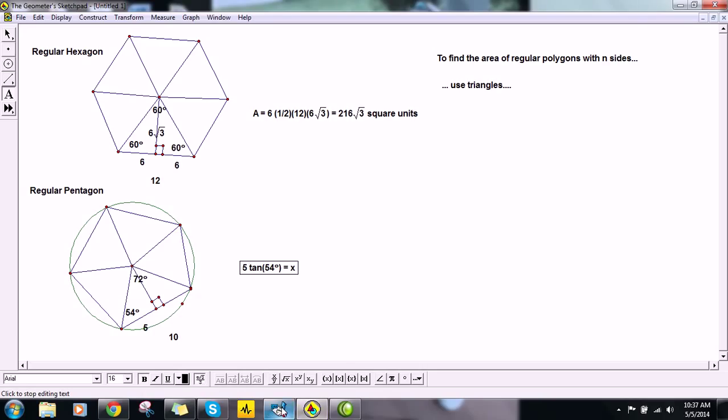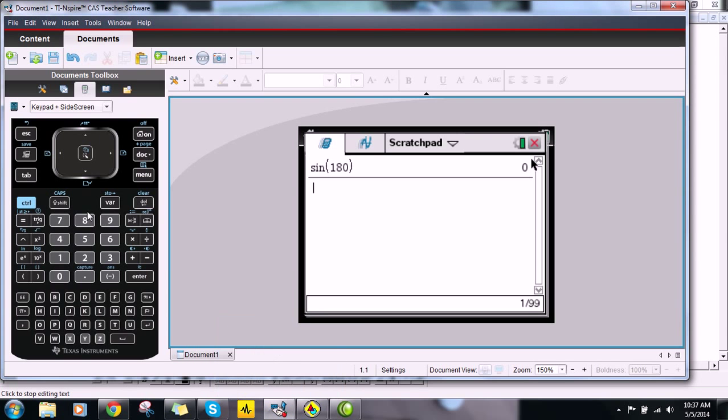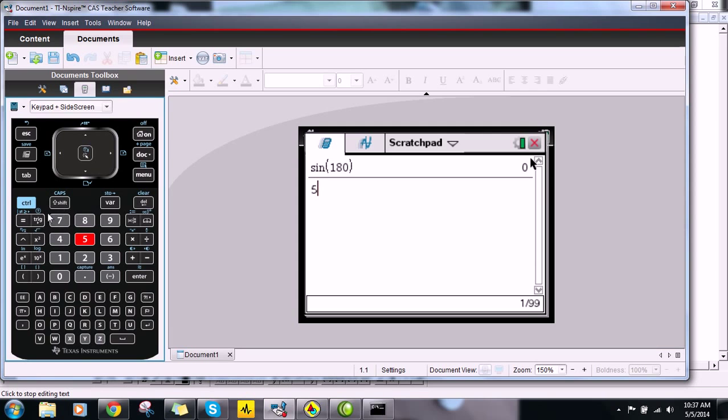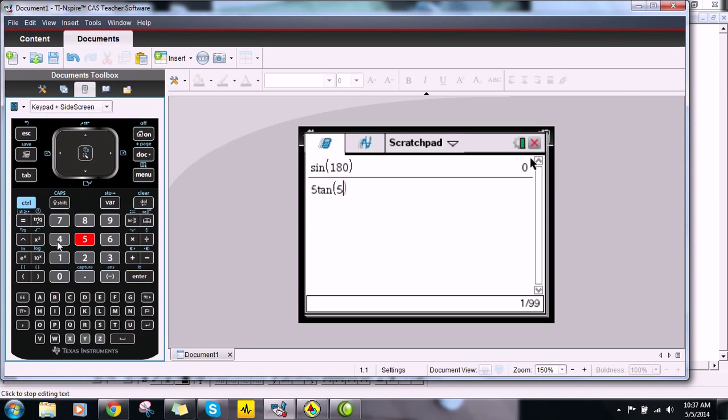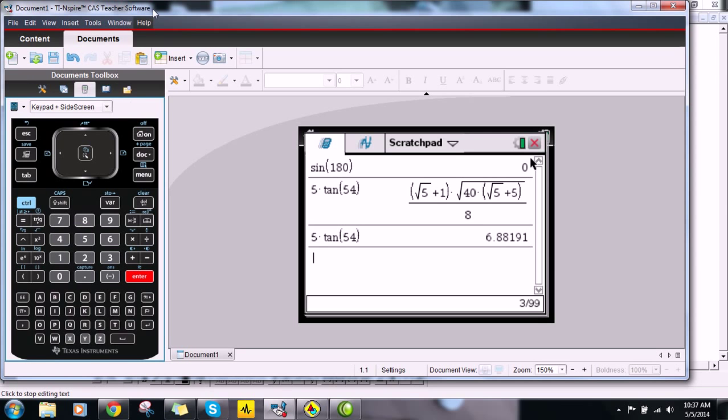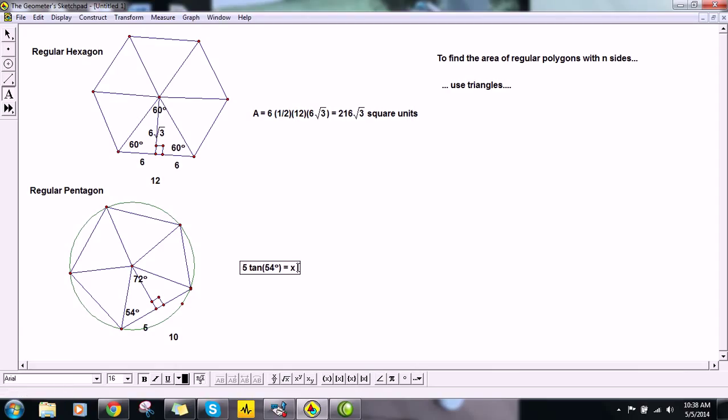I don't know what that is, so I'm going to use my calculator. 5 tangent 54. Oops, that's the exact form. I want the approximate. So I'm getting 6.882. So that height is about 6.882, which is this piece right here.